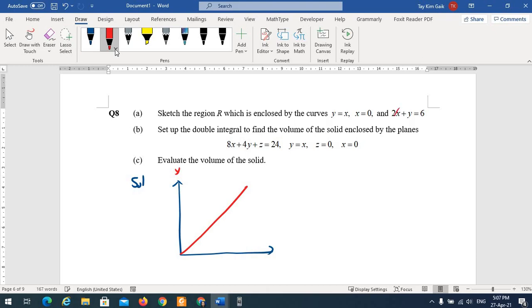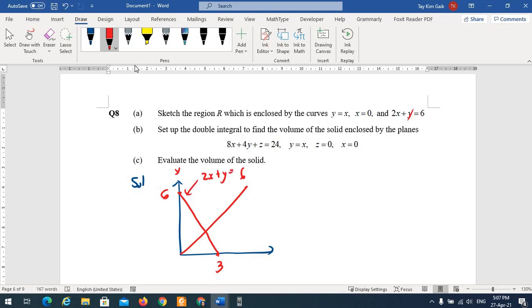First of all, when you let x be 0, y is 6. Later on, when you let y be 0, 2x is 6, so x is 3. Then you connect it. So this will be your 2x plus y equal 6.